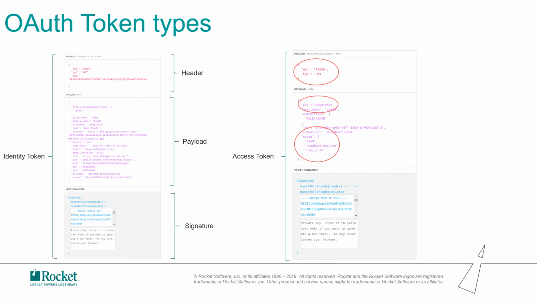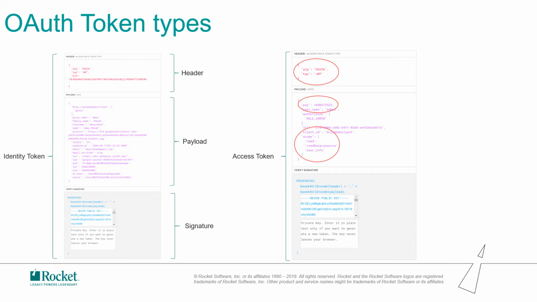But as I said before, one can decode it and understand it. So the need for tamper-proofing is required, and hence the signature comes into the picture. The signature is just a hash of the header and the payload information, and this signature is encrypted using different algorithms.